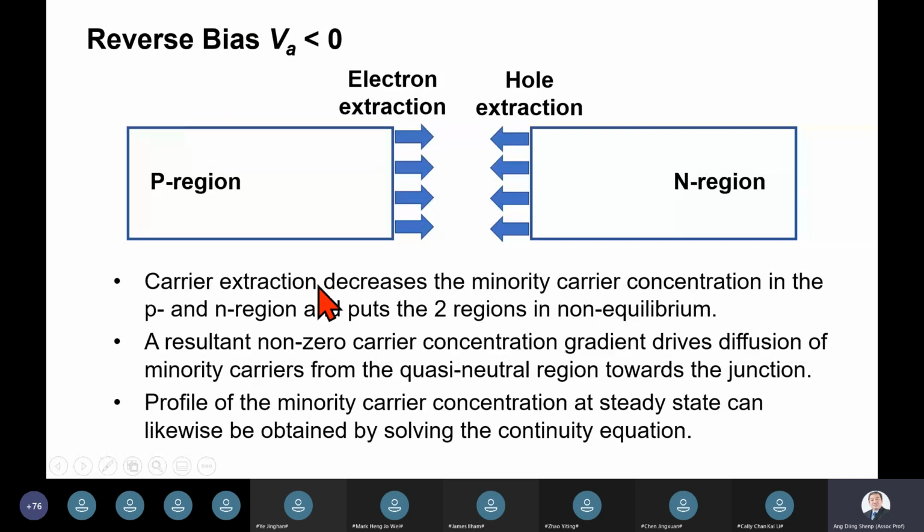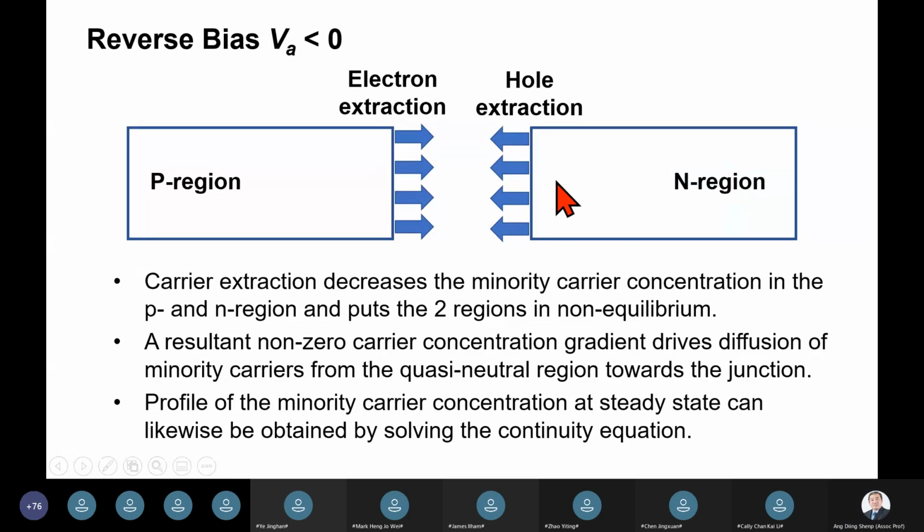Okay, so what happens under reverse bias? We have carrier extraction. As a result of electrons being extracted from the P to the N side, the electron concentration in the P goes below the thermal equilibrium value, and this puts the P region into non-equilibrium. A similar explanation applies to the N region.